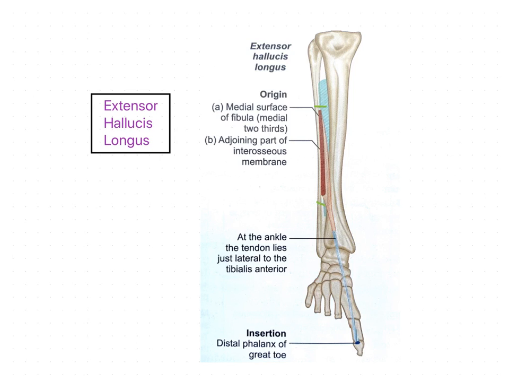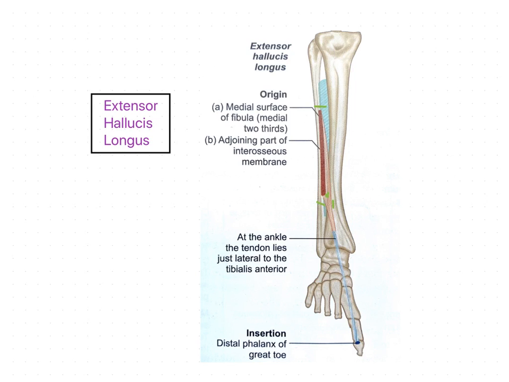Okay, this is the origin. So one is the posterior half of the middle 2/4 of the medial surface of the shaft of the fibula. That is the main thing you have to consider here. And then the adjoining part of the interosseous membrane. This is the origin.